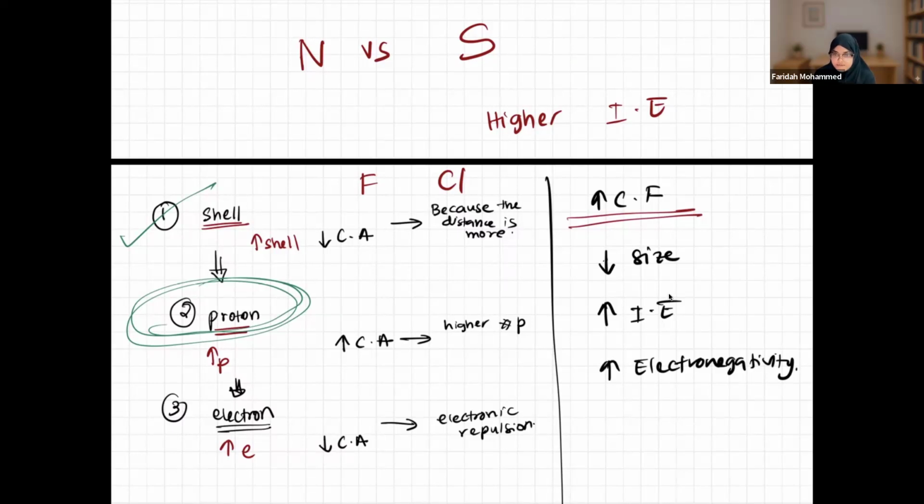Good job, Bhargav. Very good. That's how you should answer. That's how you get full point. But however, Bhargav, the question was higher ionization energy. You were answering lower ionization energy. You also gonna lose point there. The AP test is very particular.